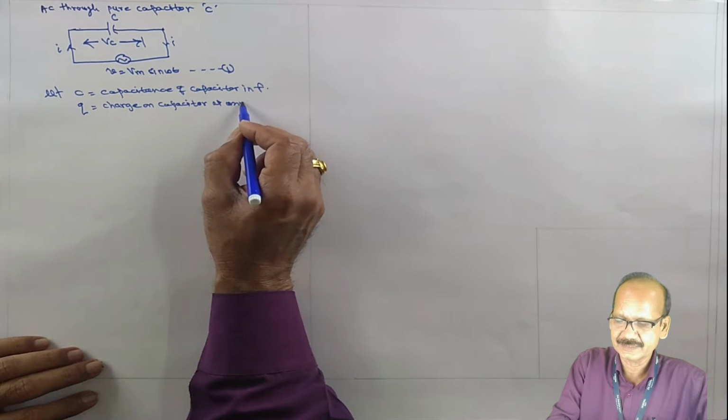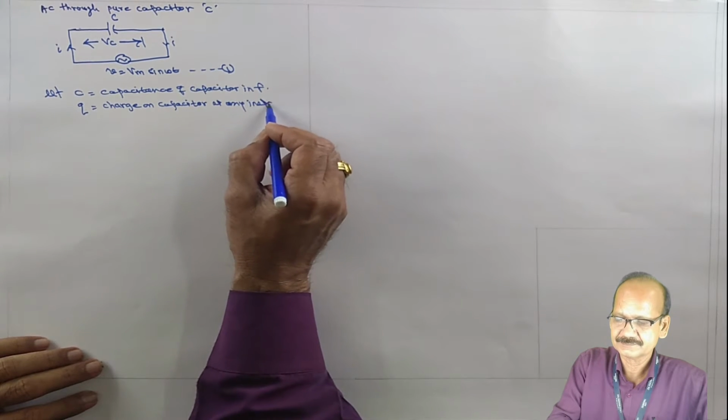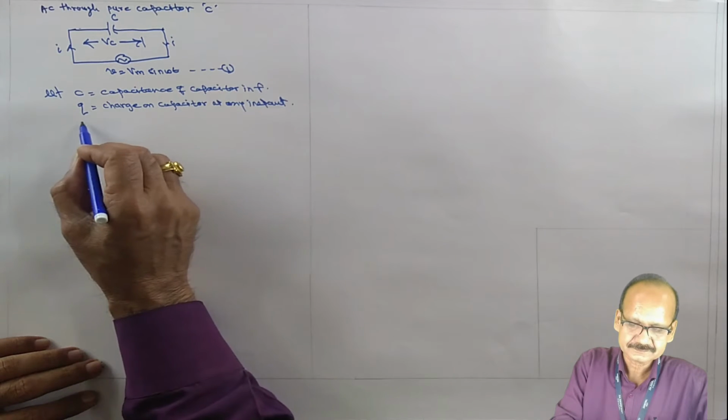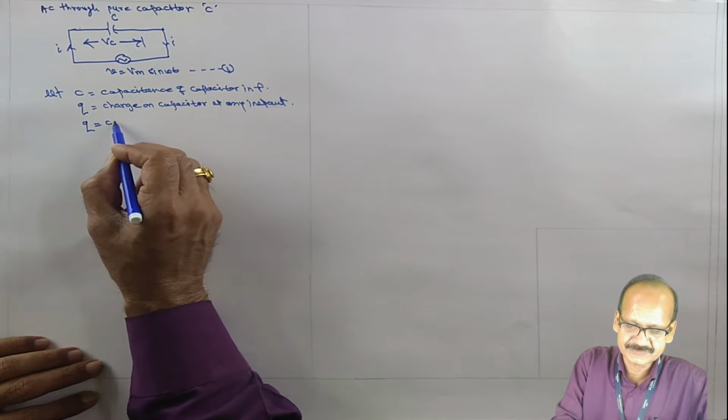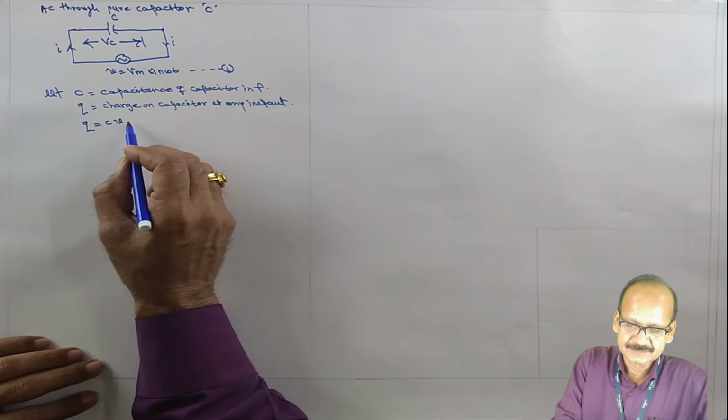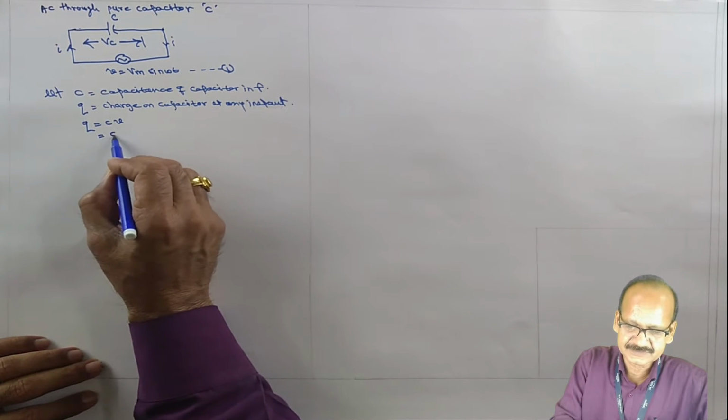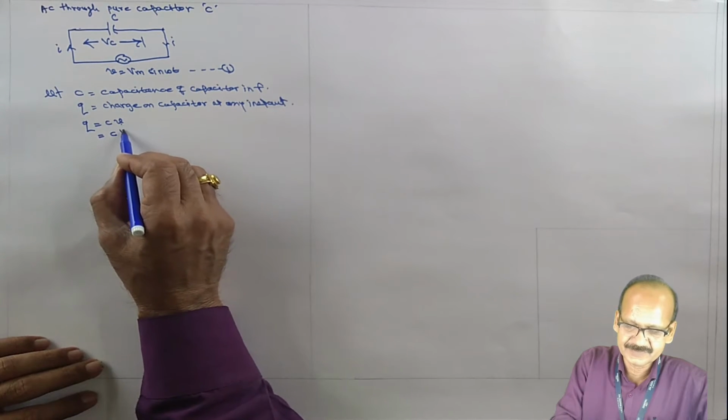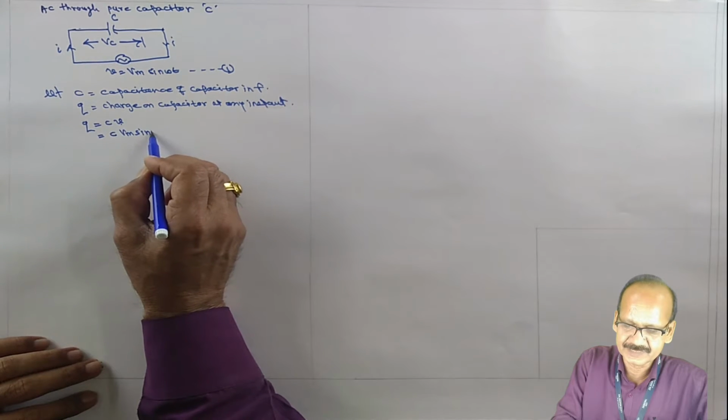At any instant, q equal to CV. Therefore q equal to C times Vmax sin omega t.